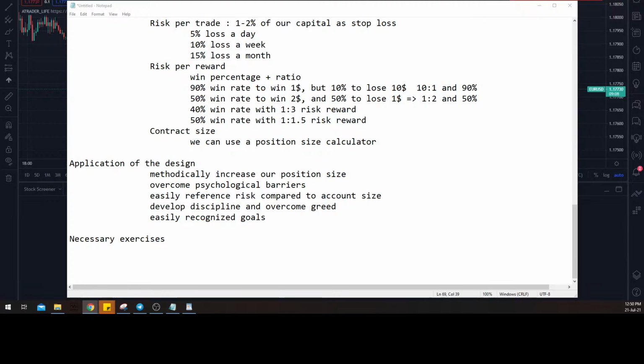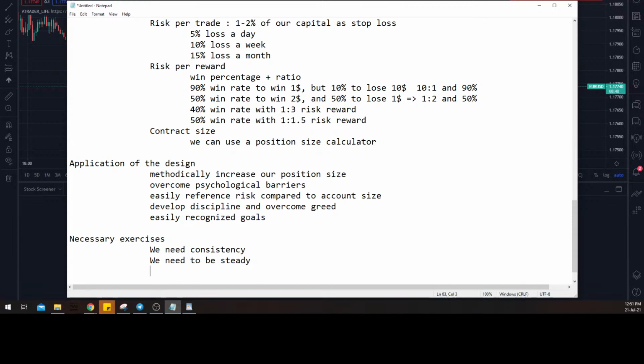Now, in terms of the everyday drills, the most important thing here is that we need consistency, and we need to be steady with what we are doing.